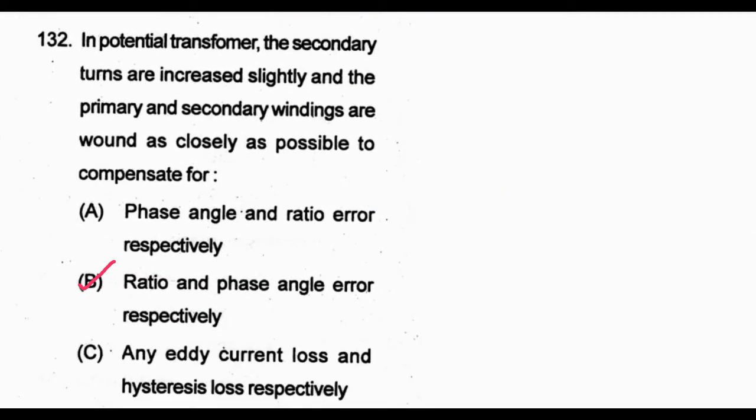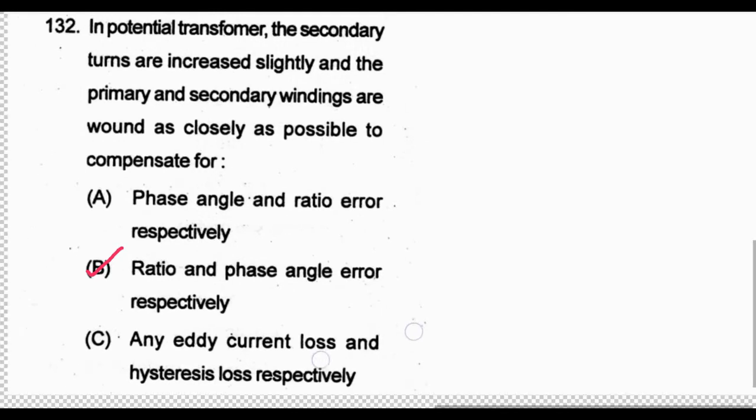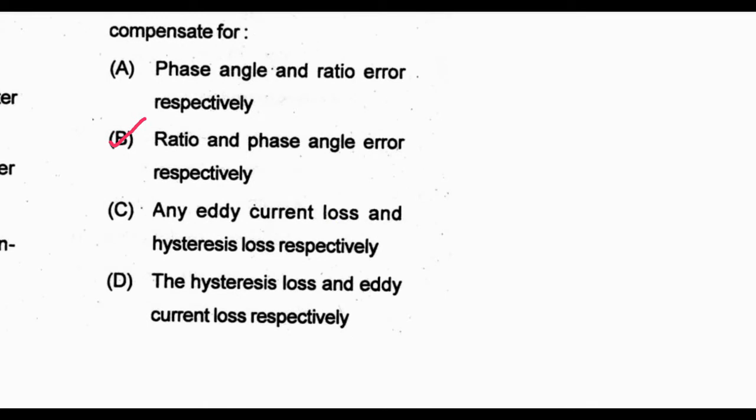In a potential transformer, the secondary turns are increased slightly and the primary and secondary windings are wound as closely as possible to compensate for: option A, phase angle and ratio error respectively; option B, ratio and phase angle error respectively; option C, eddy current loss and hysteresis loss respectively; option D, hysteresis loss and eddy current loss respectively.